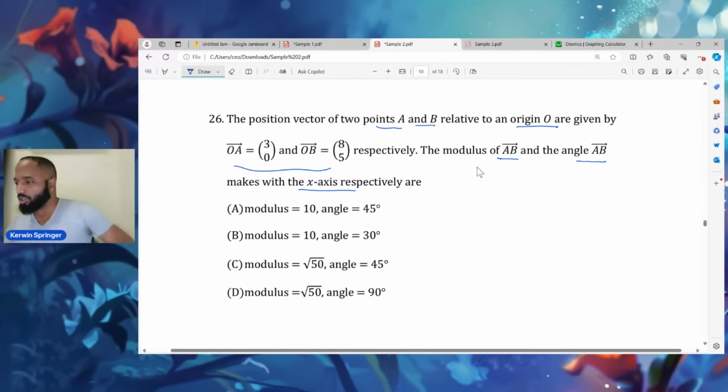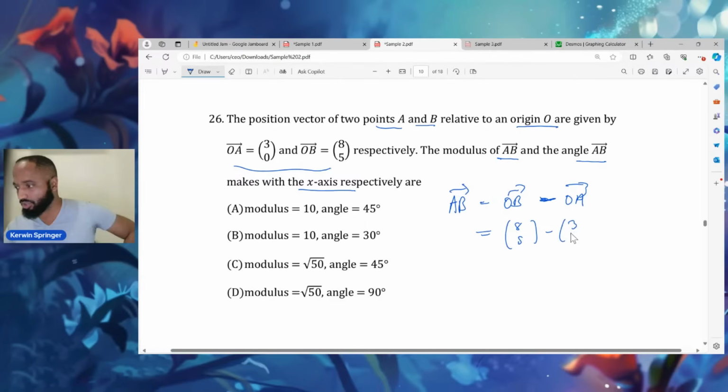So the modulus of AB and the angle, from two position vectors. So we need to find AB. There's no doubt about it. So AB is OB minus OA. So this is (8,5) minus (3,0).